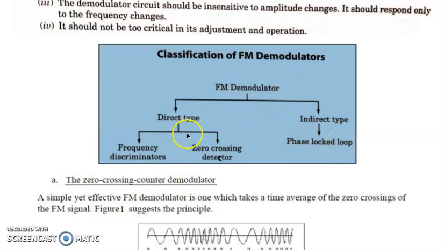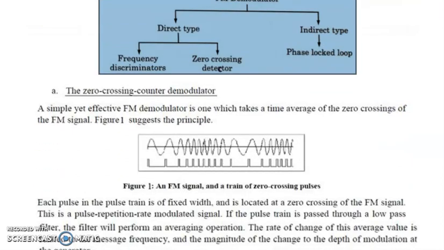When we say direct type, we are doing the conversion in a single step. But when we say indirect type, 2-3 steps are involved. Among these three, we will look at only two, zero crossing detector and phase locked loop, which are mostly used.